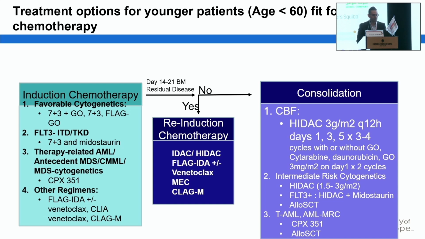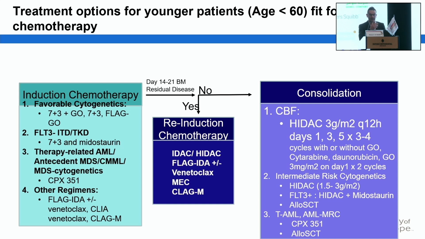As we can see, people have been using 7+3 forever, adding GO now for specific subsets, and some data on FLAG-GO. Patients with FLT3 can have a FLT3 inhibitor added, and people with therapy-related AML can have CPX based on recent data. Other options that have been attempted include FLAG-IDA venetoclax, CLIA venetoclax, and CLAG-M.